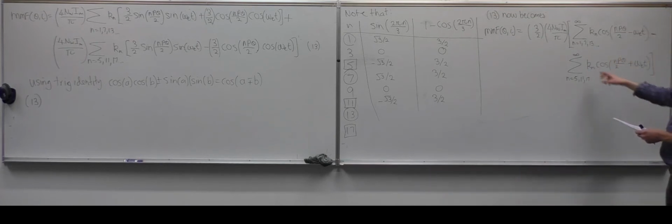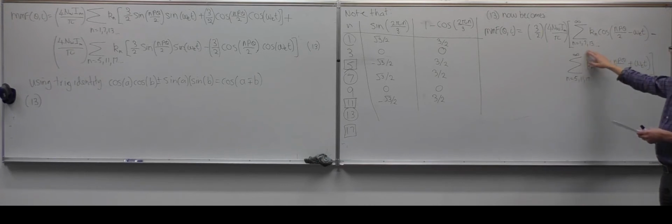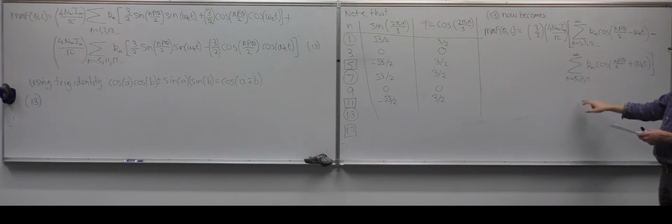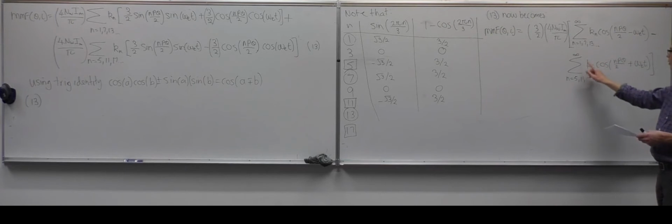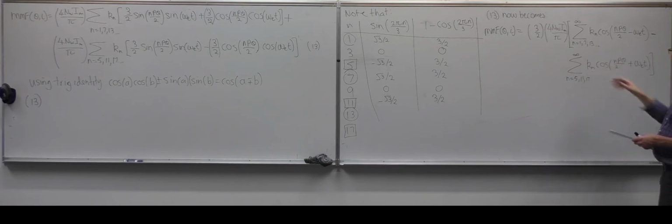So we're not going to have a third, but we're going to have a fifth, a seventh, 11th, and so on. 15 is also not going to be present in this case. And remember, Kn would account for the distribution factor, the pitch factor, all of these factors in it.